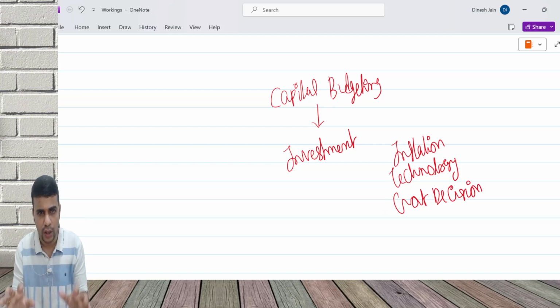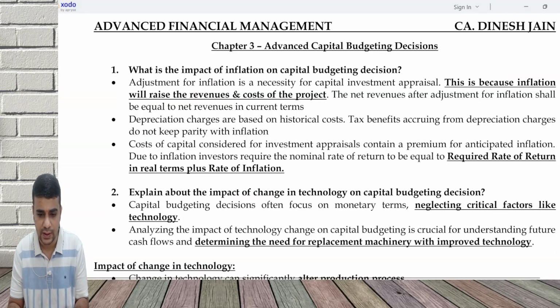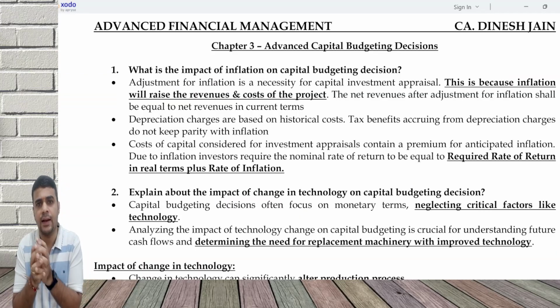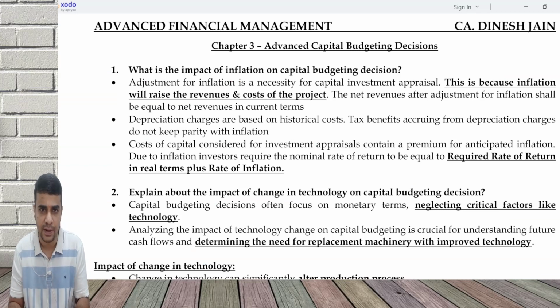That's a broad overview of the chapter. Focus now is to discuss the theory component. The practical component is already discussed by us when we were doing the problems. So let's first start with question 1.